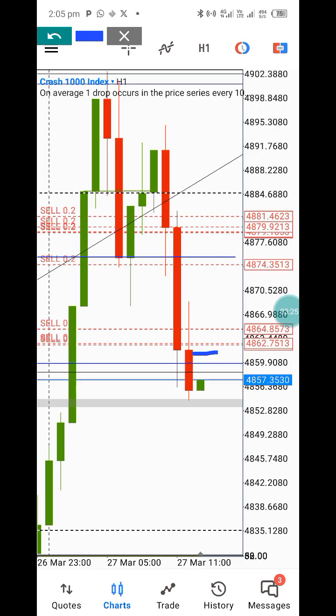With what I have here, looking at the price structure, you will see that this candle here closes below this. The 8 a.m. candle closes below the 7 a.m. candle.